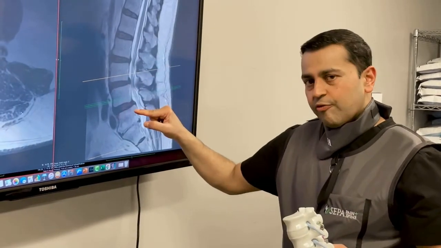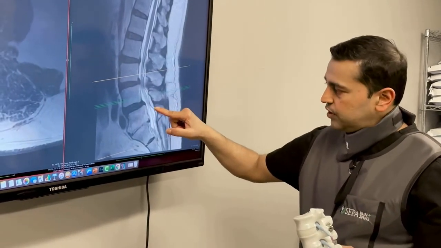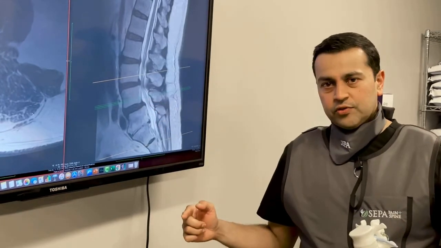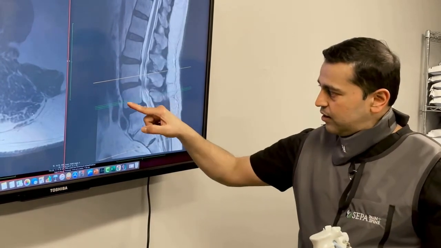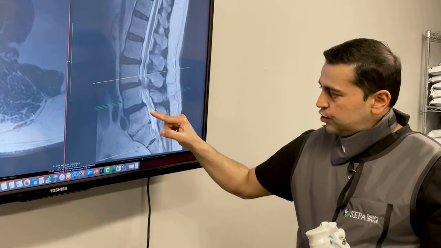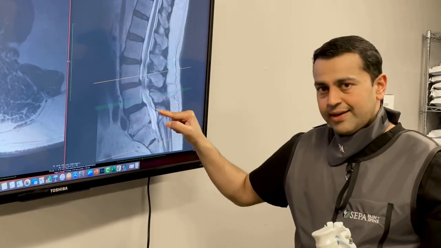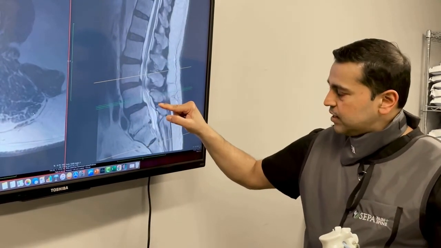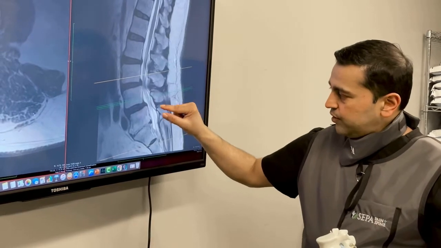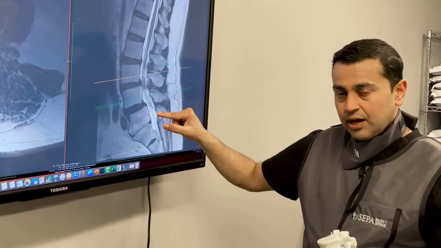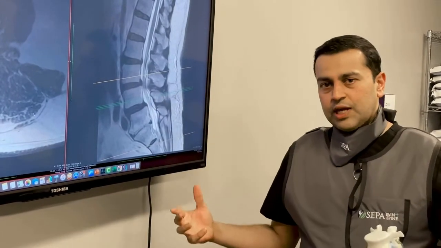If you look at the L4-5 level, you can see there's a lot of spondylolisthesis. Spondylolisthesis is where, again, one vertebral body shifts forward in relation to the next vertebral body. What that does is many things. It creates stenosis right here. It also creates an unstable spine.